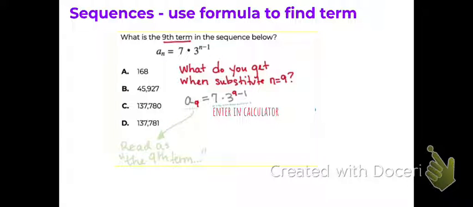If you're given an equation to represent a function and you're asked to find, for example, the 9th term, all you do is you substitute 9 into that function for n. So I find out what is 7 times 3 to the 9 minus 1 power. If I put that in my calculator, I can see what the answer is.